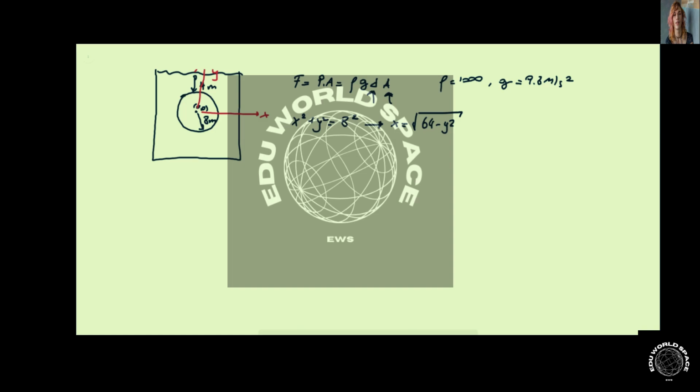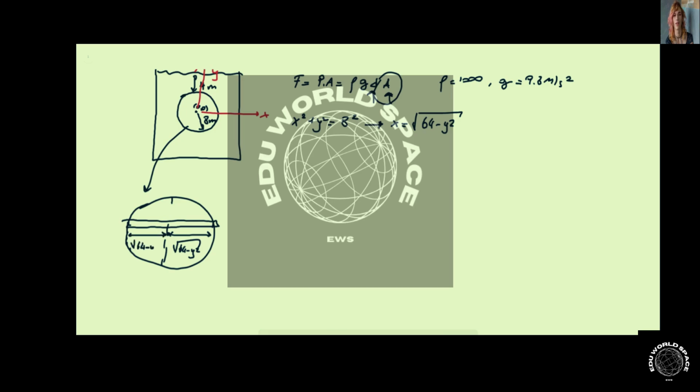Now, if that is x, let's zoom in. We have this circle, and this is the center. Since we need the area in order to calculate the force, the area would be the area of a thin strip summed up along the diameter of this circle. Since we just found x in terms of y, on one side we have the square root of 64 minus y squared, and since the circle is symmetric, we have the same length on the other side.